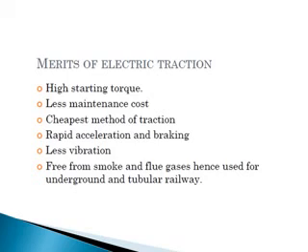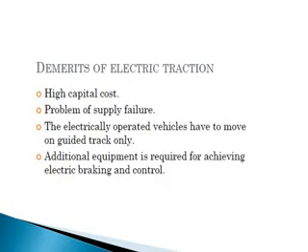That means the railway system, we can see from our experience, we can understand that railway system is very popular. It is very much pollution free. It has less vibration, good starting torque. All these points they are maintaining, but it has some demerits also, and those demerits are like high capital cost.